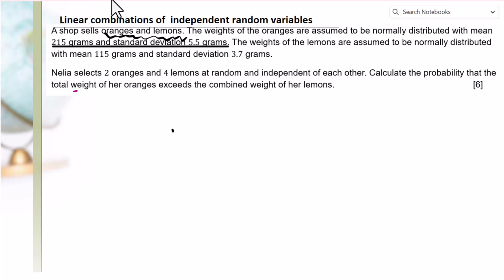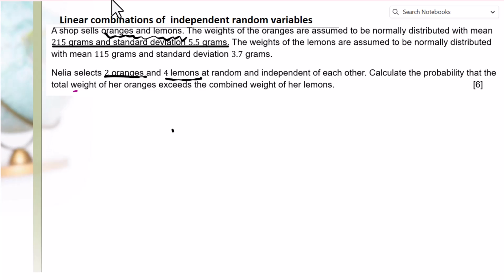The weights of the lemons are assumed to be normally distributed with a mean 115 grams and a standard deviation 3.7 grams. Nelia selects 2 oranges and 4 lemons at random and independent of each other.